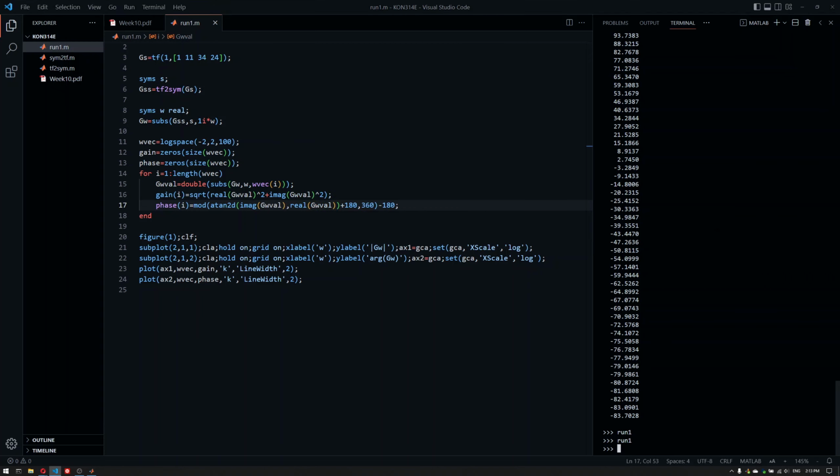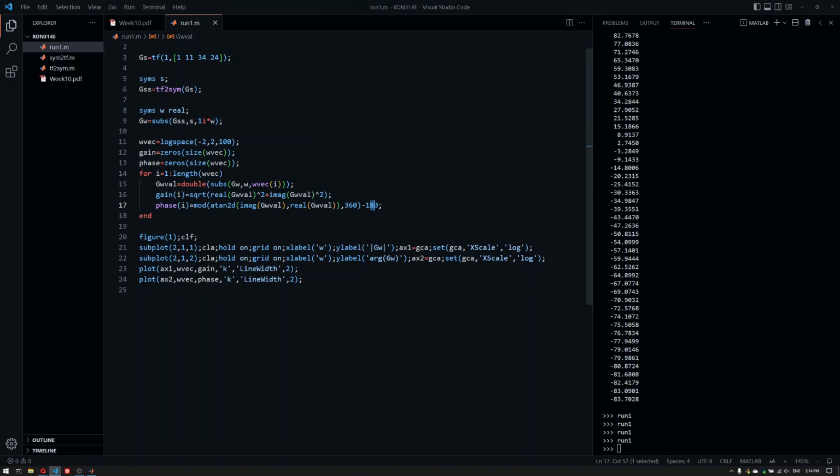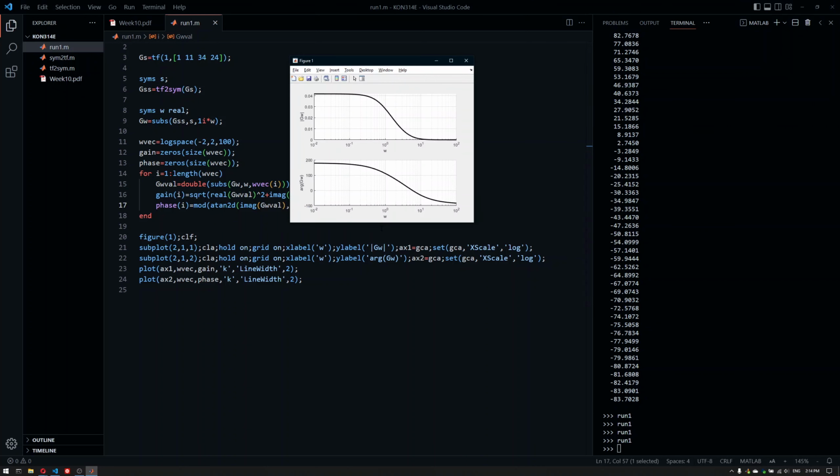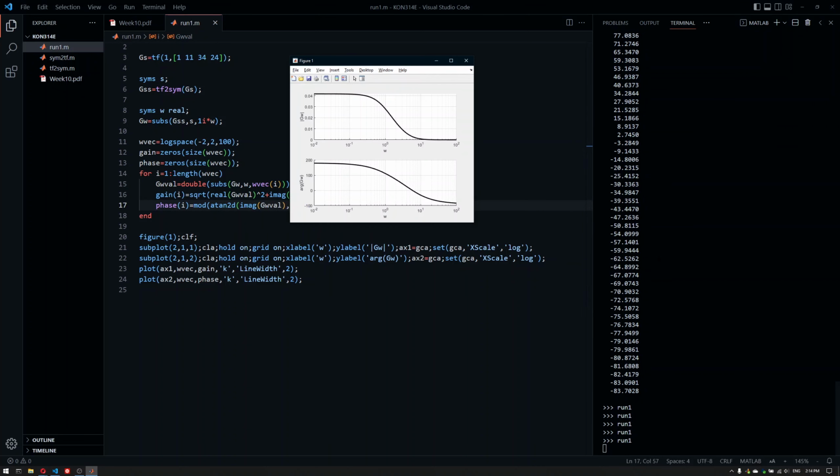Seems to be working, but I didn't see if it was correct or not, so let me try once more. The shape is there, but we need to shift it by 360, I guess, because it should start negative. That much I know. Did we shift it right?